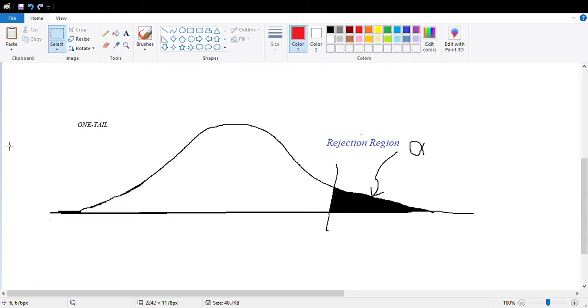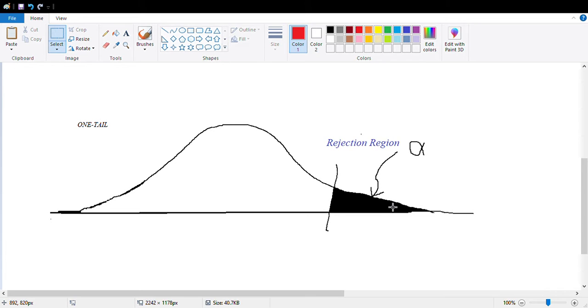In this video, we will further explain how to establish the rejection region, or why the rejection region is being established. So we have here the normal curve, or the curve of the random variables.